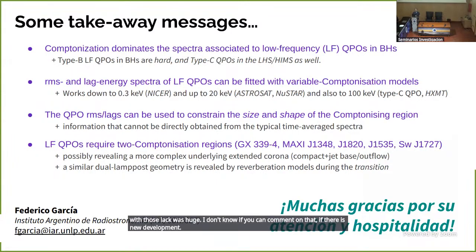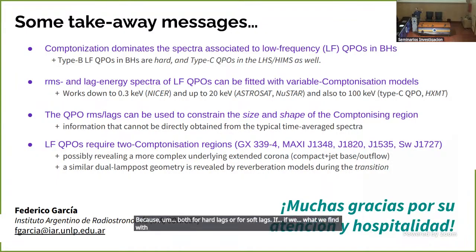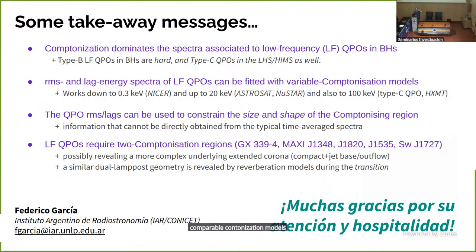Yeah, well, that's an absolutely fair question, and I think the same kind of question remains, because both for hard lags or for soft lags, with models, let's say variable Comptonization models or this kind, what we think is the origin of the delays is the light travel time, essentially.